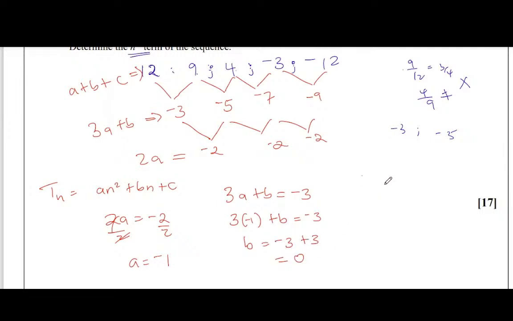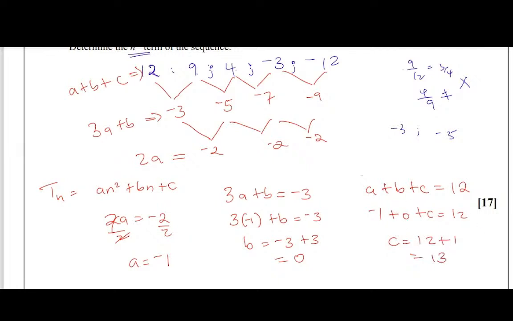And then the first term of the quadratic, a plus b plus c, must give me 12. But my a is -1, my b is 0, and I'm looking for c. I'll move the one to that side because -1 plus 0 is -1. So c becomes 12 plus 1, which is 13.